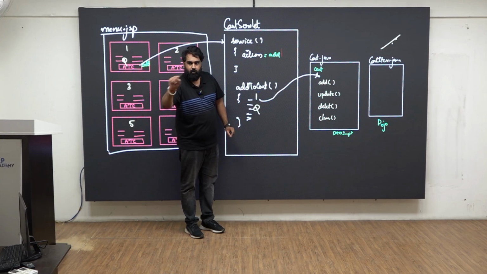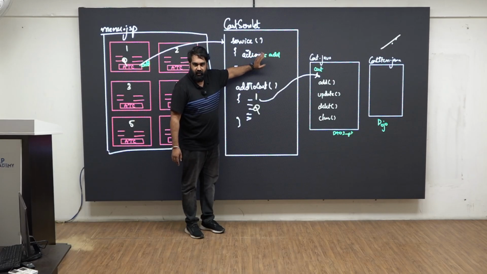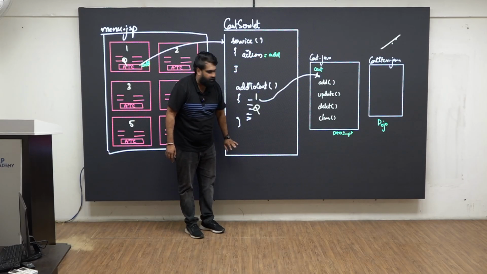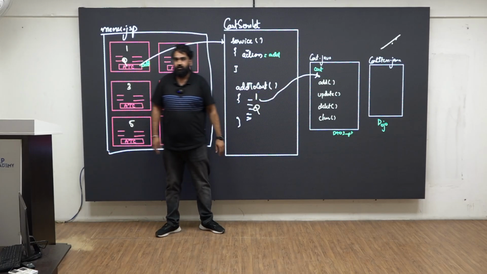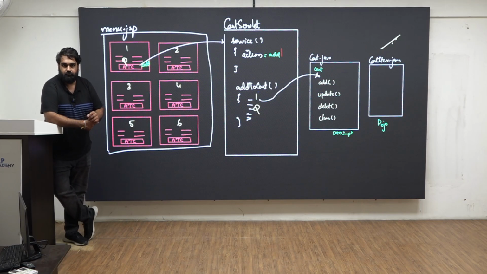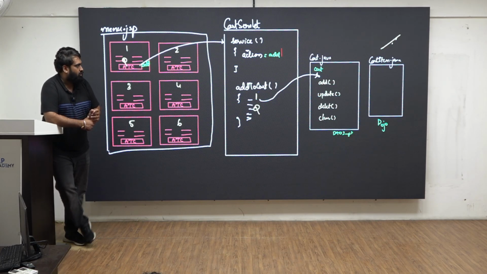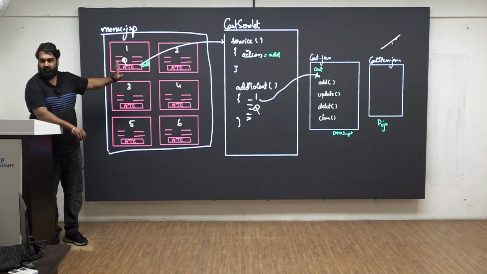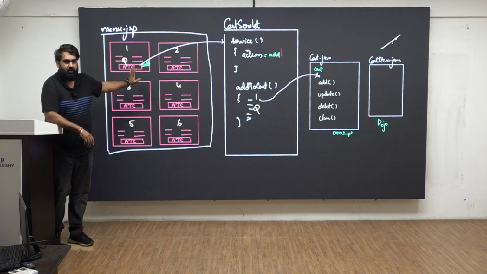For some other button, I would give an action as delete. As soon as I call delete, I will check is the action delete. Then I will call a method called delete cart, which will call the delete method. I hope you are able to understand this, right? How to do it is something I will tell you, but for now, I hope you have understood this.